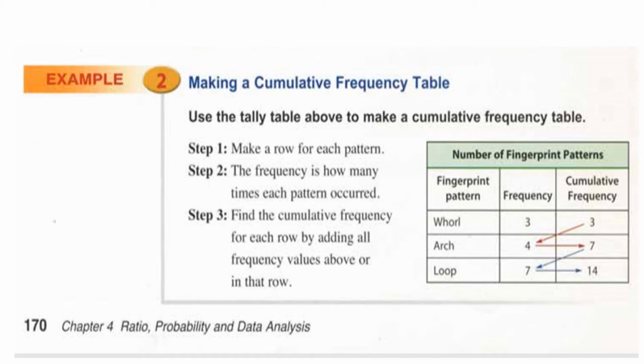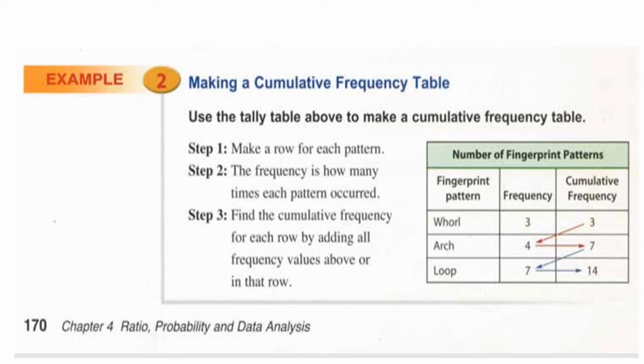Step 2. The frequency is how many times each pattern occurred. Step 3. Find the cumulative frequency for each row by adding all frequency values above or in that row.